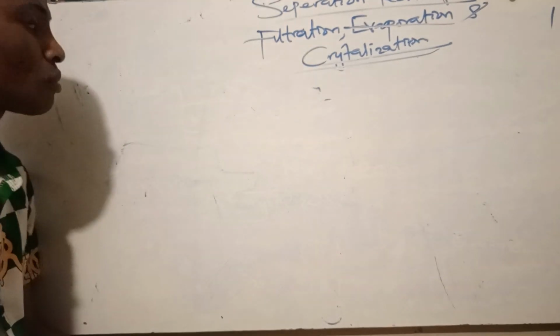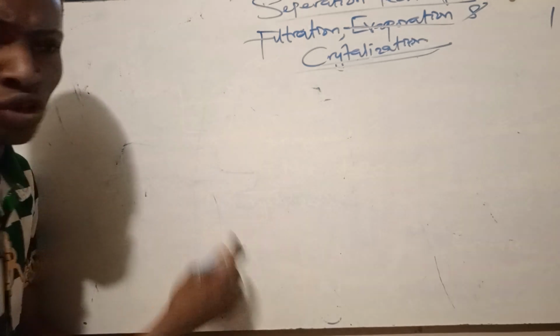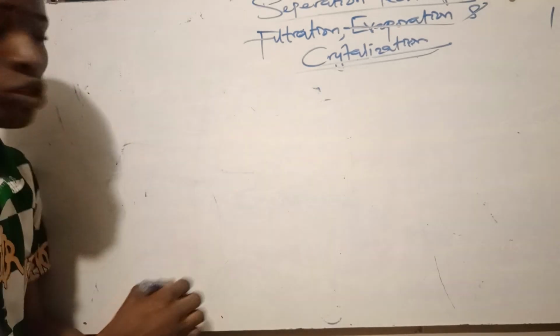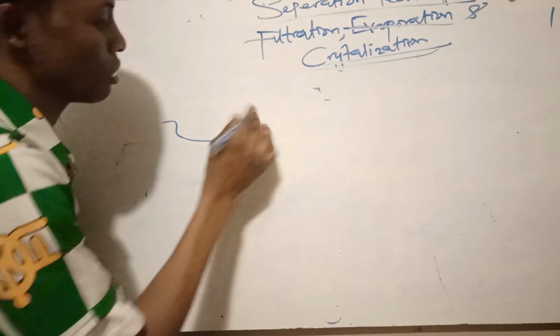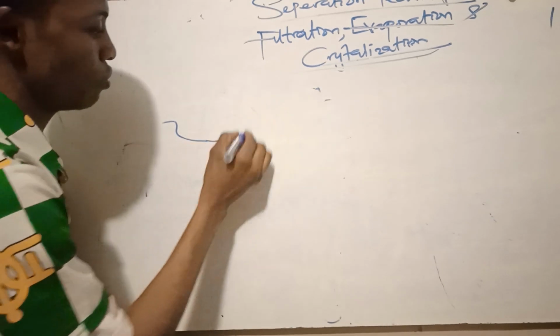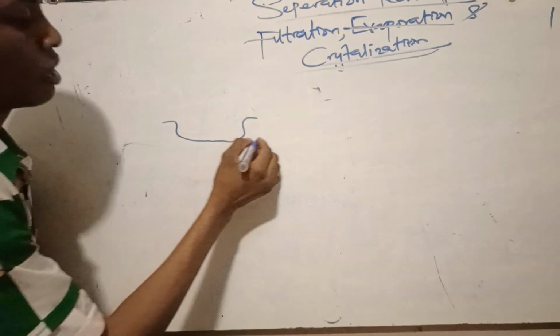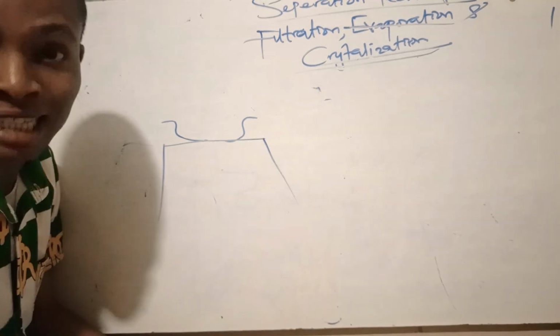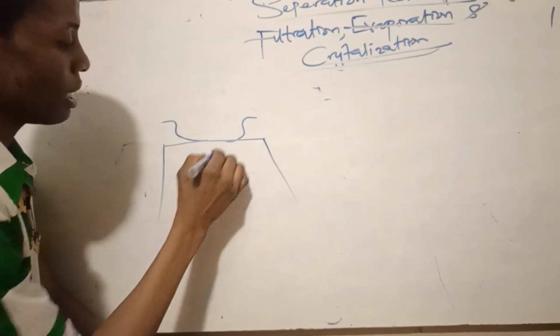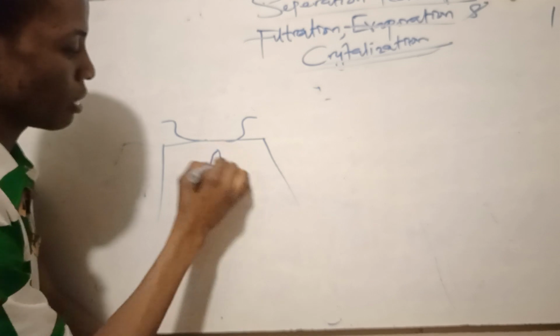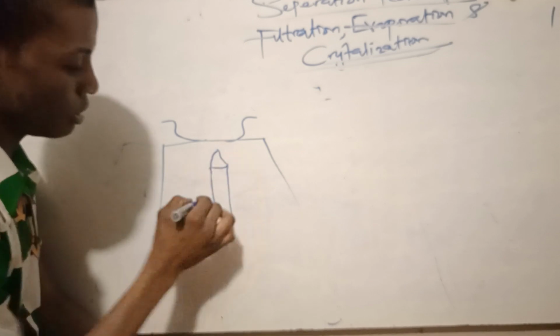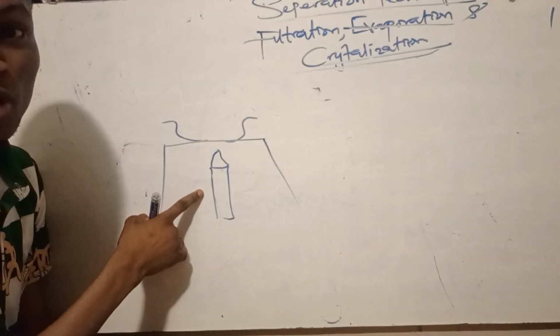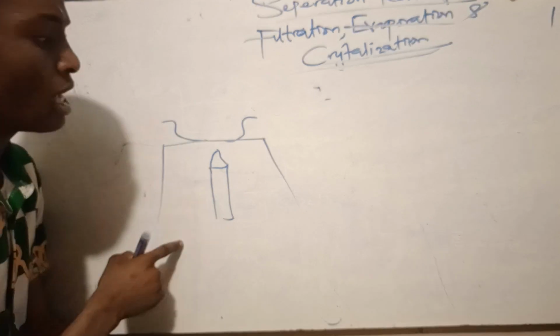What are the instruments we use for evaporation? For example, we use our evaporating dish, and let's say this is our tripod stand, and we use a Bunsen burner. Let's say this is the flame we use to boil the solution.